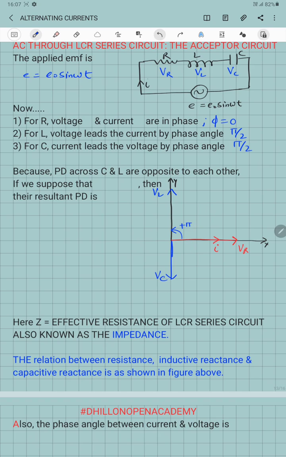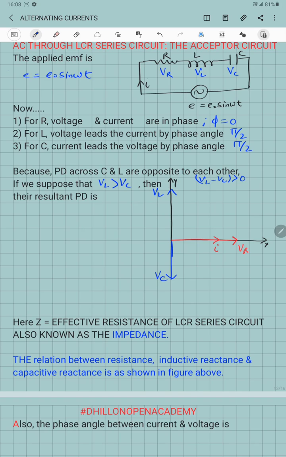Now, if we assume that the value of VL is greater than VC, then the value of VL minus VC will be greater than 0. So the difference of the two voltages will be greater than 0.